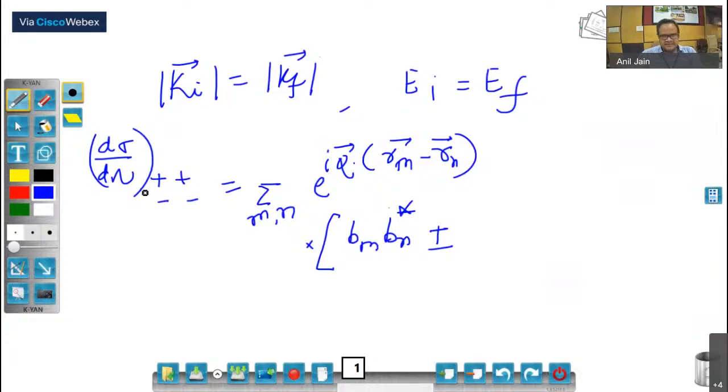Plus is for the case where you are coming with an up spin beam and it remains up after the scattering, meaning plus plus, no spin flip, and minus is the case where you come with a down spin neutron beam and after scattering it also comes out down, so this sign is for the lower one.